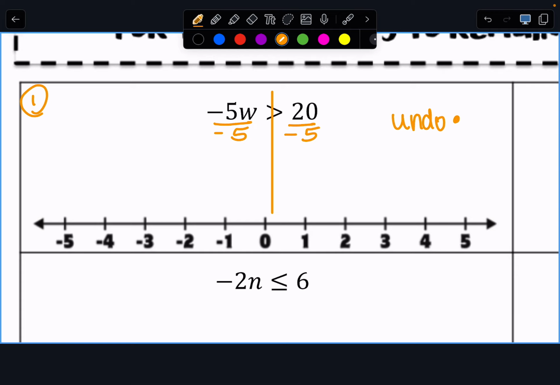Josie, are we dividing by a negative number? We sure are. So if we are dividing by a negative number, we know we have W, we know we have -4.